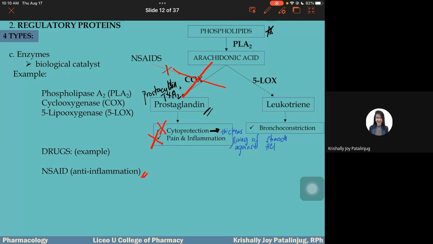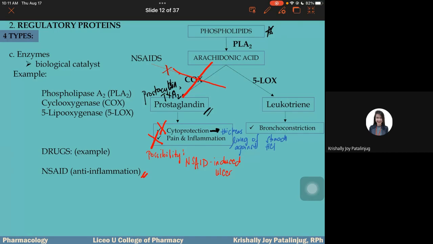Okay, that's why there is a possibility that when an NSAID is taken on an empty stomach, it could induce a disease, ulcer. So we have what we call NSAID-induced ulcer.